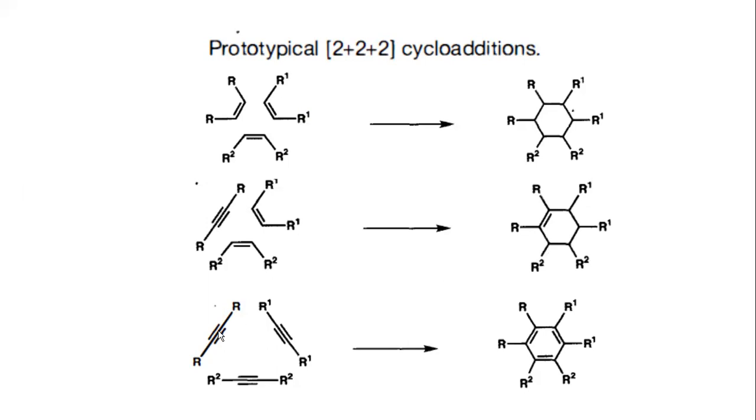And similarly, ethyne derivatives can also lead toward the synthesis of benzene-type products. So these are simple reactions. Whenever you want to construct a cyclic ring, you can use the Diels-Alder reaction or a cycloaddition-type reaction strategy to synthesize different types of cyclohexanes.